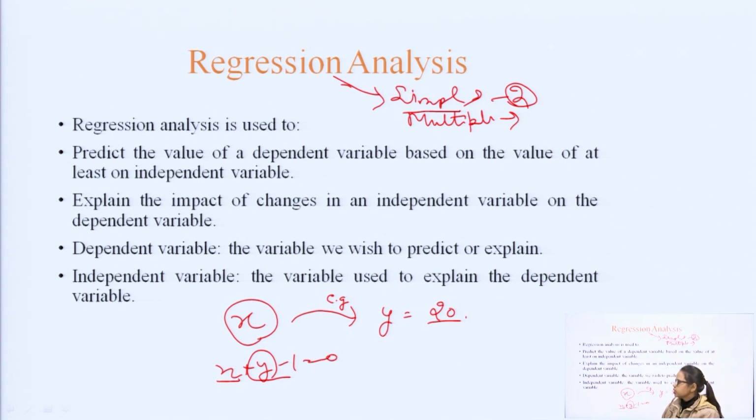Next, regression analysis. What does regression analysis actually mean? It is the relationship between two variables or two or more variables, and it is known as regression analysis. Analysis, you also know, means to analyze something.